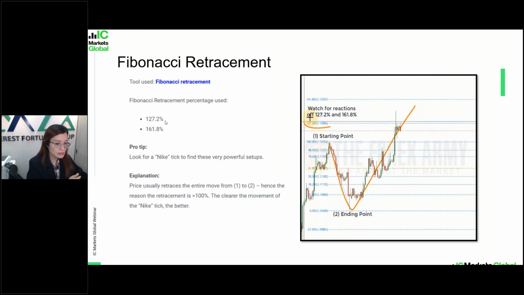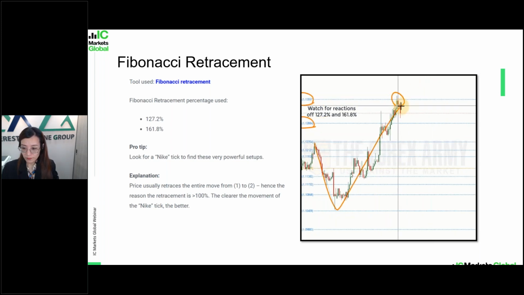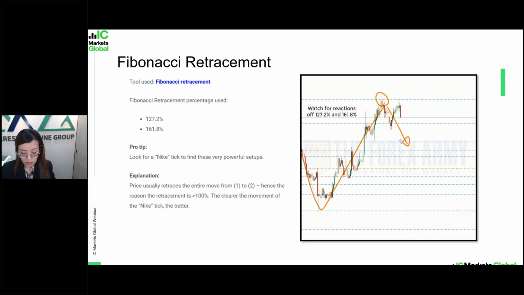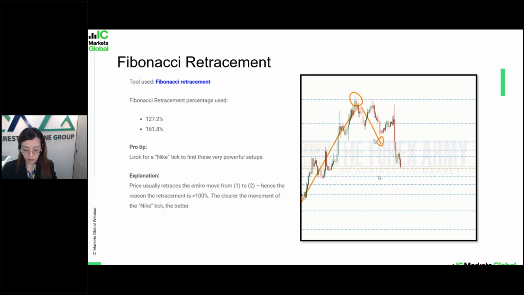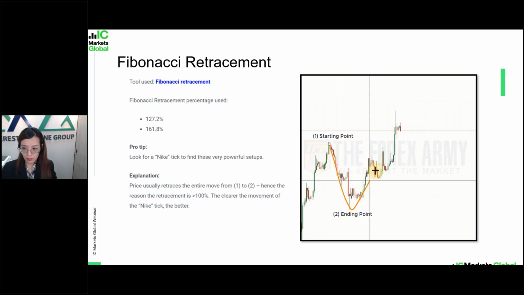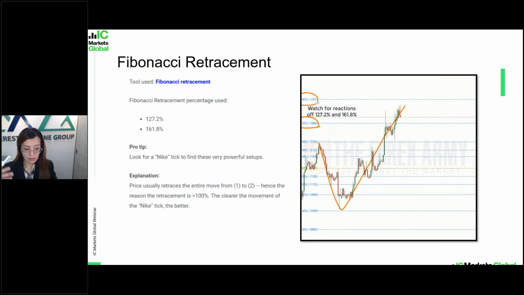If you cannot really find the wave 5, basically you just use Fibonacci extension, which is whatever number is above 100%, we call Fibonacci extension, which is 127.2 and 161.8%. Just remember that, because sometimes if you see YouTube or anyone talking about Fibonacci extension, you already know that they are talking about whatever number is above 100%.